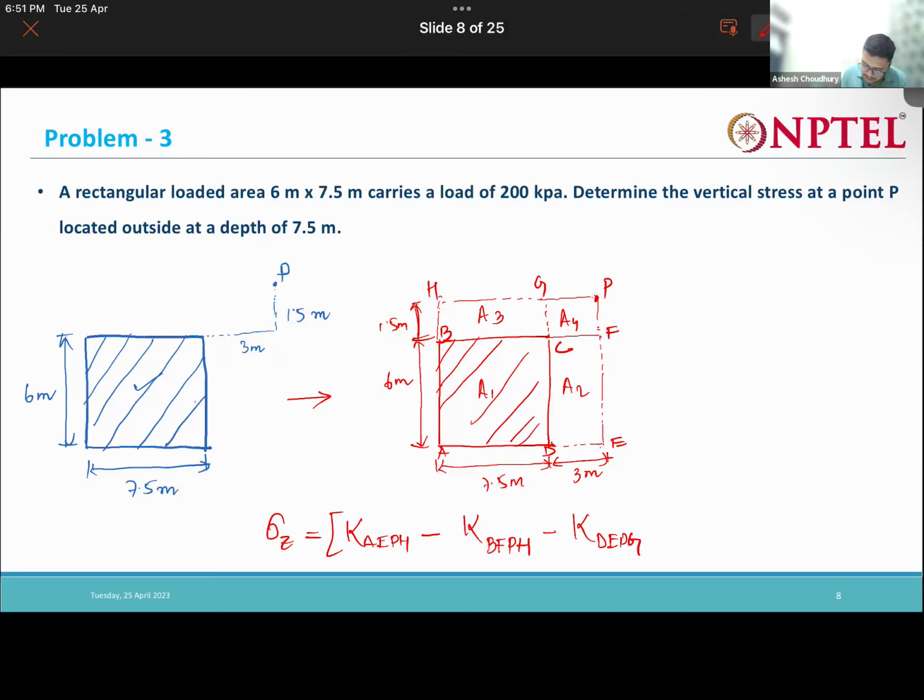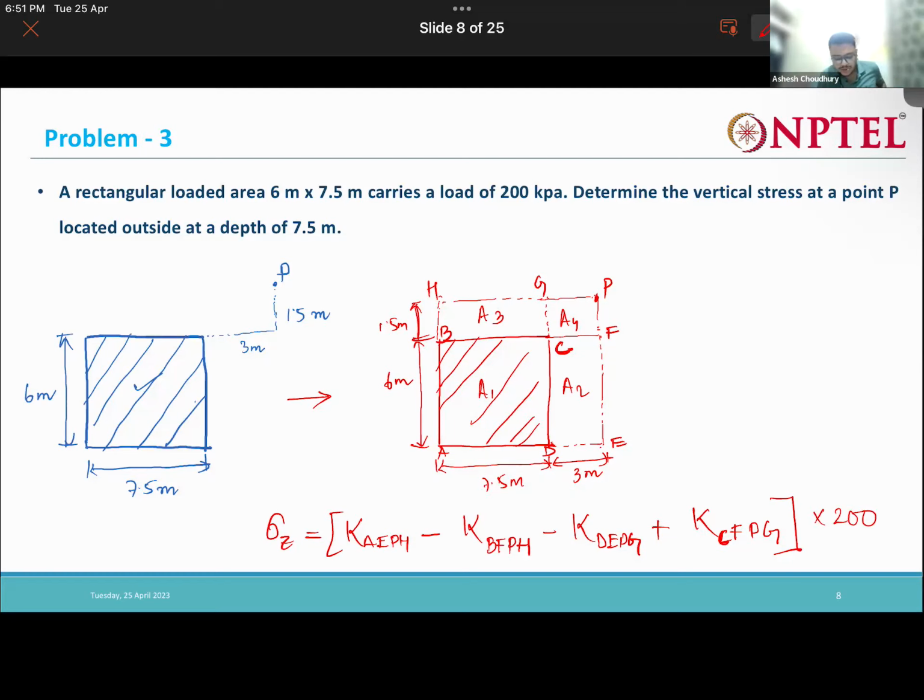It is DEPG. This one plus, we will be adding this small part because we have deducted this 2 times. So we will be adding that small part, LFPG or LCFG. Okay, this one is A4. This times 20. Okay, this will give an increase in stress.